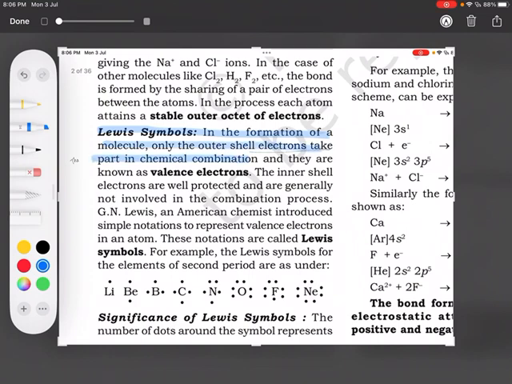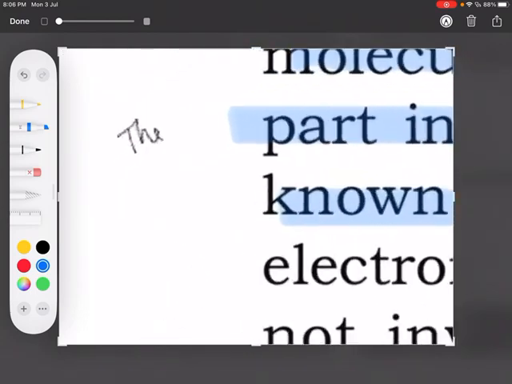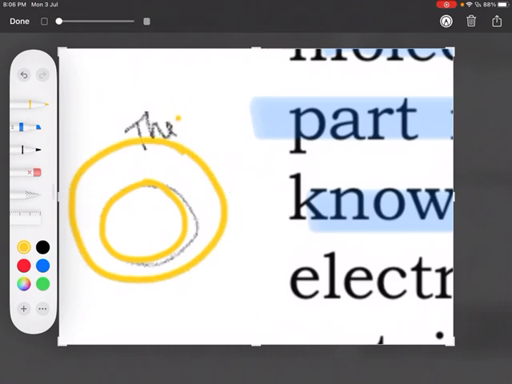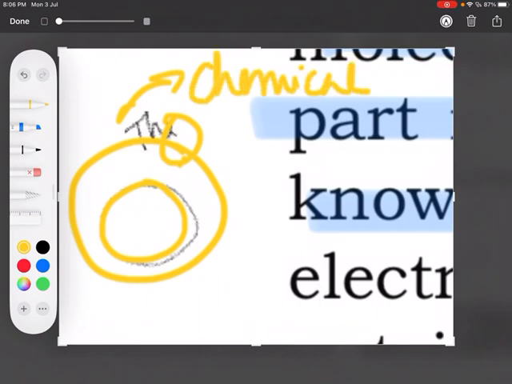So this is molecular formation. Only the outer shell takes part in the chemical combination, and these are called valence electrons.